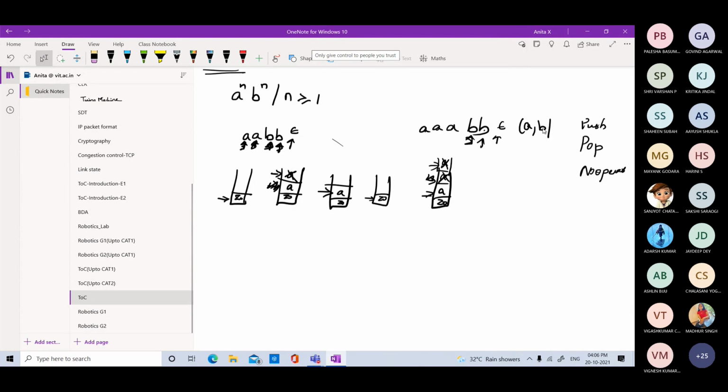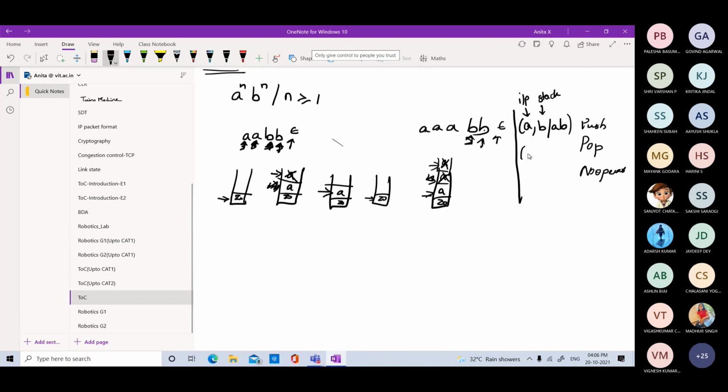If I want to push, then I'll represent it like this: on top of B, I have to push A, so A, B. This is the representation for push. Please make a note. This is the input alphabet and this is the stack alphabet. If I want to perform the push operation, I'll represent it like this.